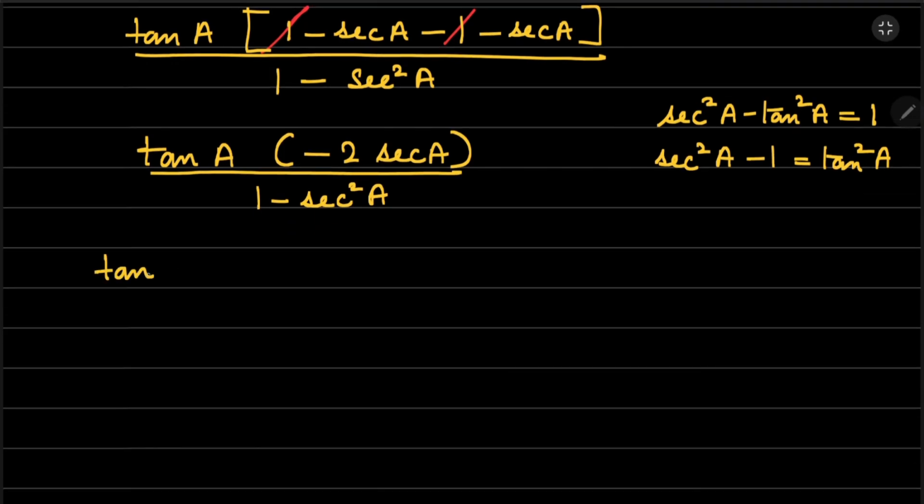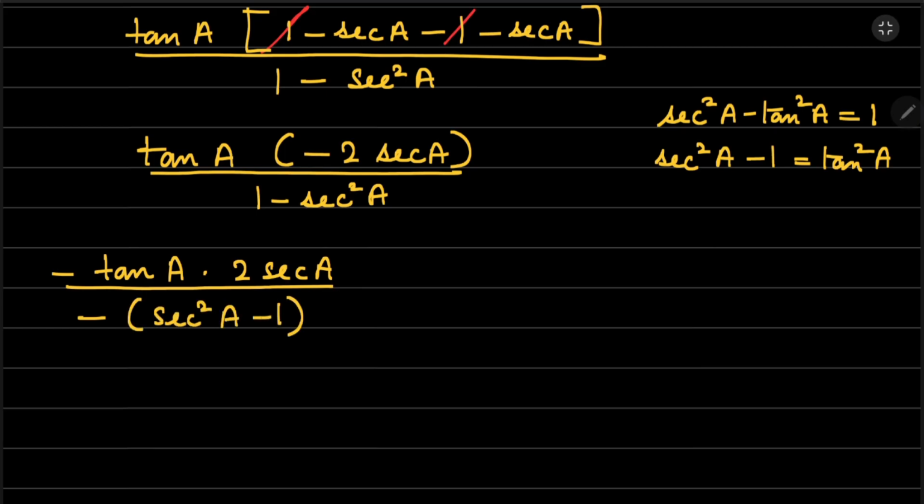So in the numerator you have minus of tan A multiplied by 2 secant A divided by, when you take one negative common out, 1 minus secant square A becomes secant square A minus 1. Now this minus gets cancelled.